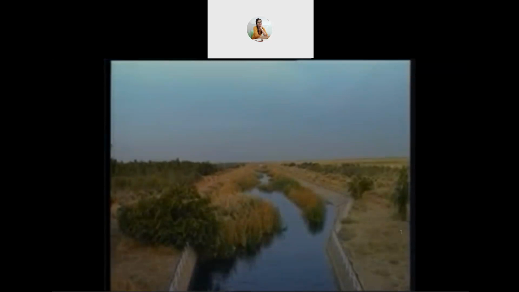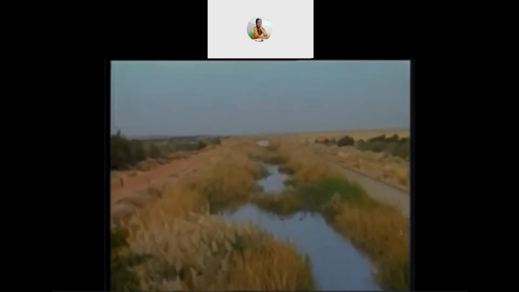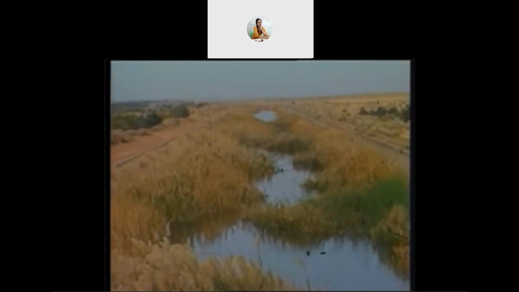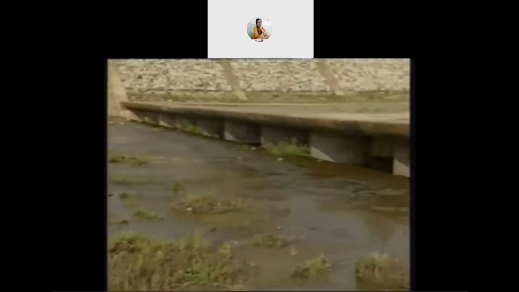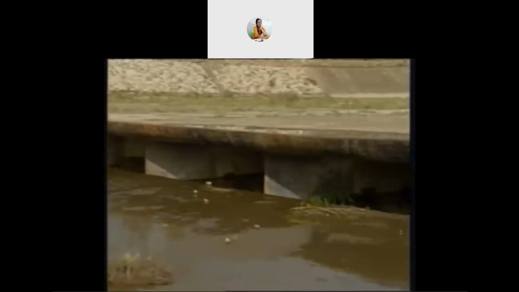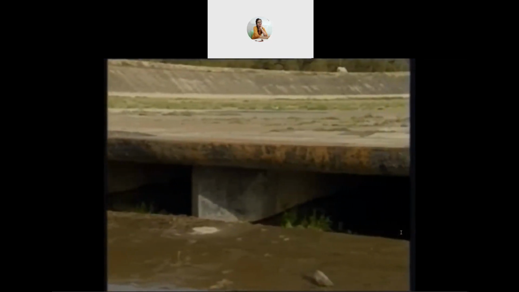Therefore, the success of an irrigation project also depends on control of silt and weed roots. In a canal, silt is removed through a silt ejector, which is constructed in the head reach of the canal, a little downstream from the uptake.